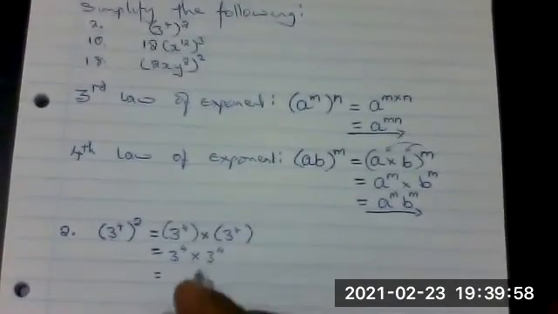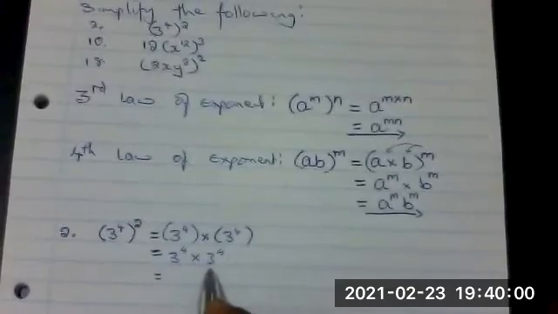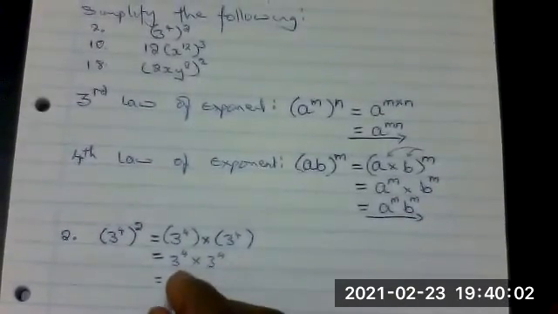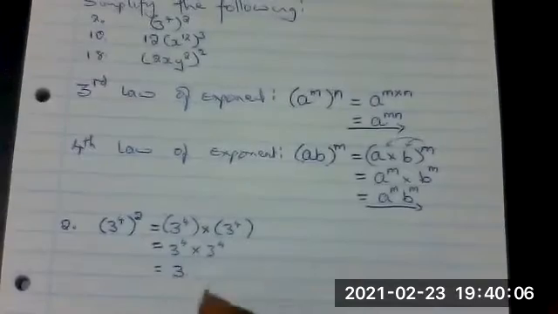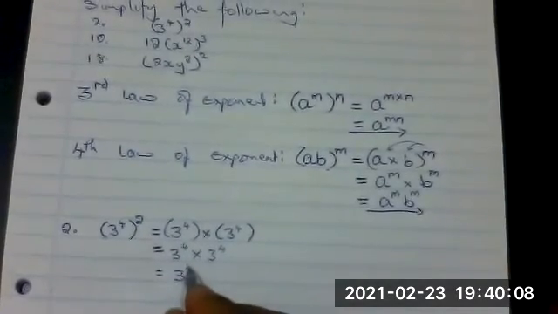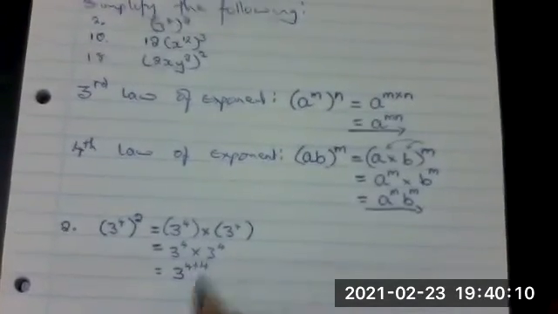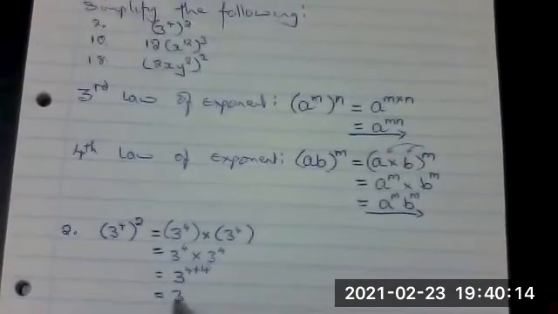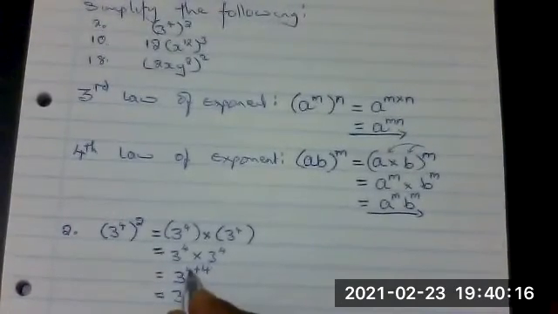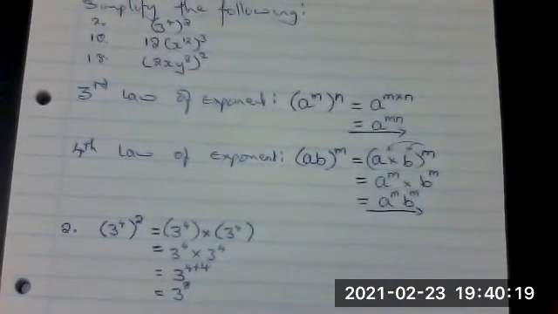We can see that the base is identical. The base is 3. So we take the identical base, then we add exponents, which means our final answer becomes 3 to exponent 4 plus 4, which is exponent 8.